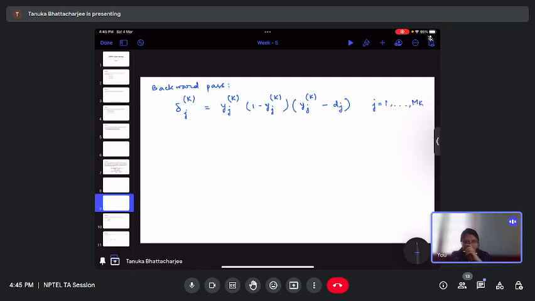Here in this case it will be 2, you have 2 neurons. Now this is for the final layer.